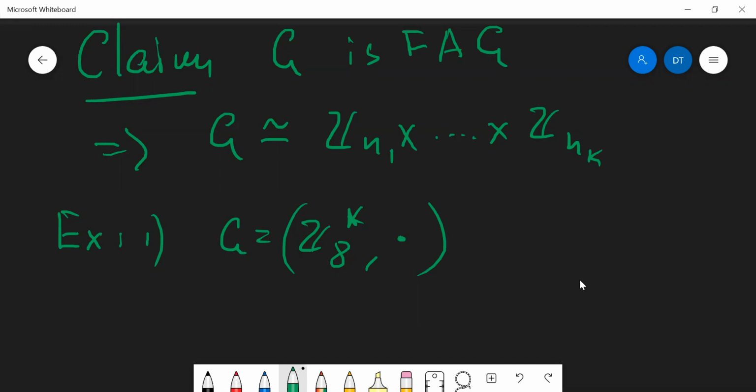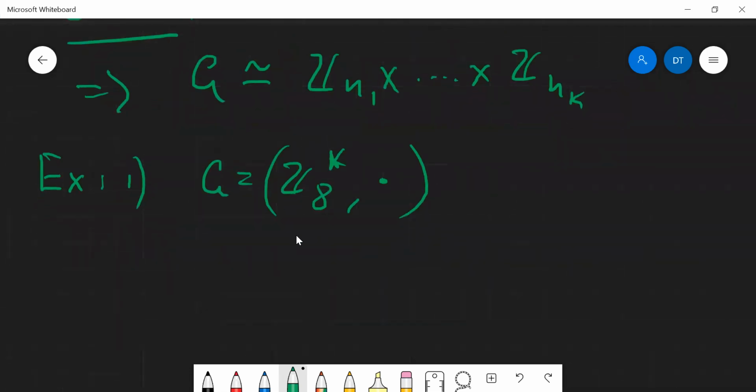Let me recall that Z8 star means that we take all remainders modulo 8 which are coprime with 8. So here it means that we take all odd integers from 1 to 7, and the operation is multiplication modulo 8. So how many elements are here?